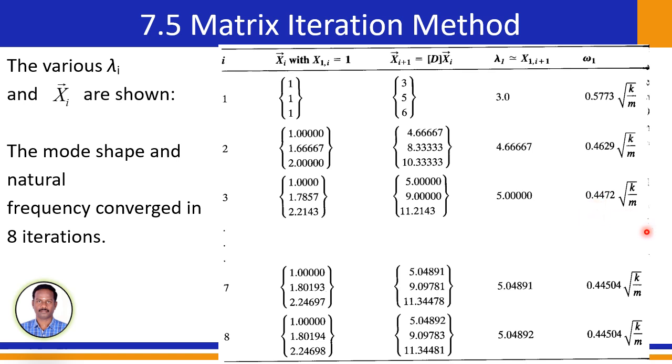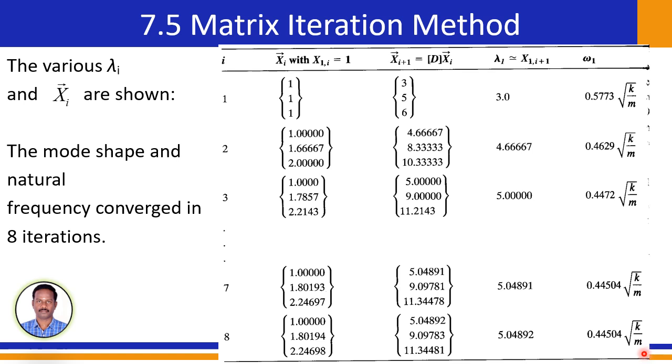And when we go to the results for the 7th and 8th iterations, by the 8th iteration the normalized trial vector value is 5.04892, resulting in a natural frequency of 0.44504 times the square root of k by m.